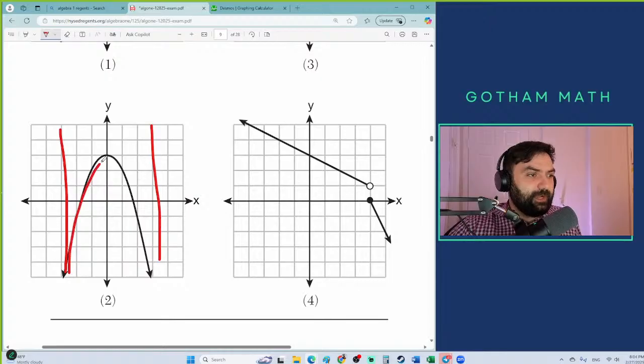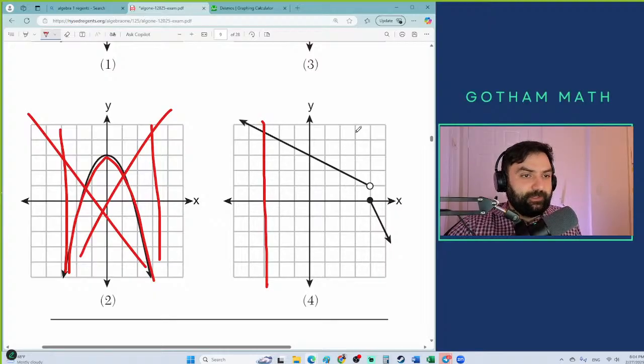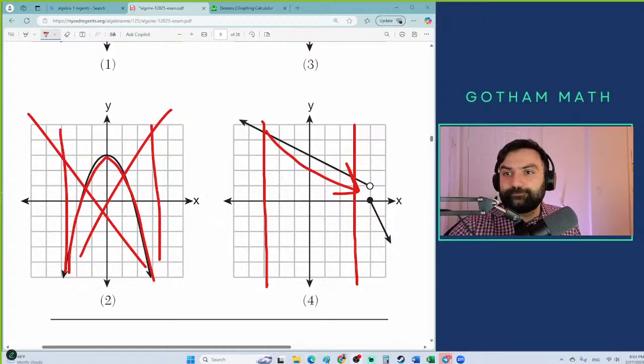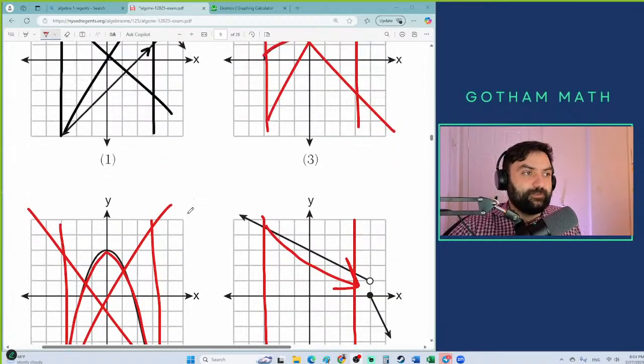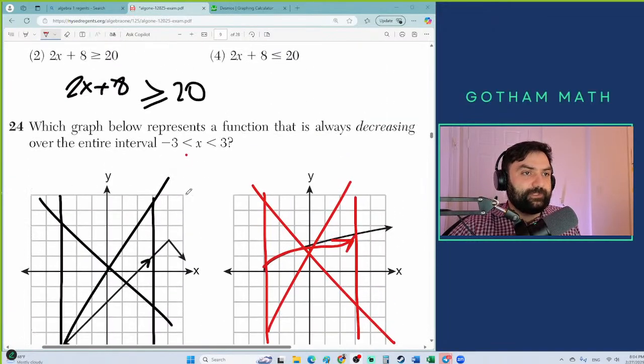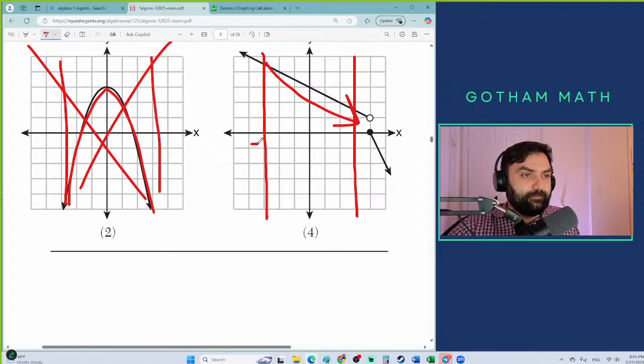It goes up and then goes down, not decreasing quite constantly. So number 4 should be the answer. -3 and 3, and look at it. It's decreasing. From left to right it's going down. All right. Easy question, to be honest. It's just boundaries, basically. -3, 3.